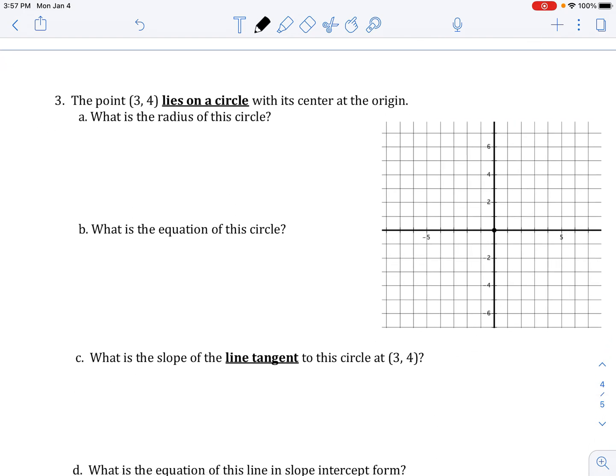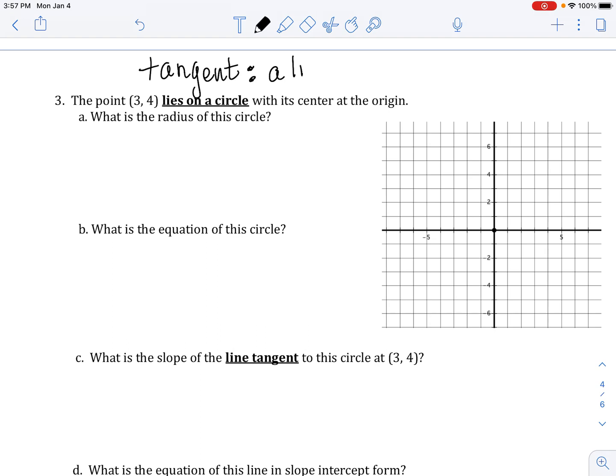Okay, moving on. Let's talk about some other types of questions that relate to working with circles in the coordinate plane. One of those types of questions deals with the word tangent. And tangent is a word that you learned in geometry.